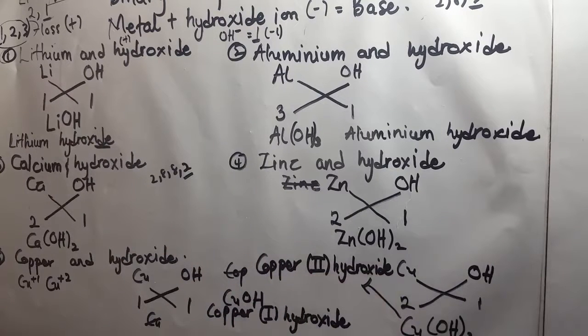Then hydroxide has a negative charge. That's what you should take note of. It's -1, so the valency is 1. So you always need to do your crossing. When you're given hydroxide ion and the metal, make sure you know the oxidation number or the valency of the metal, or else you'll not be able to write a correct chemical compound.